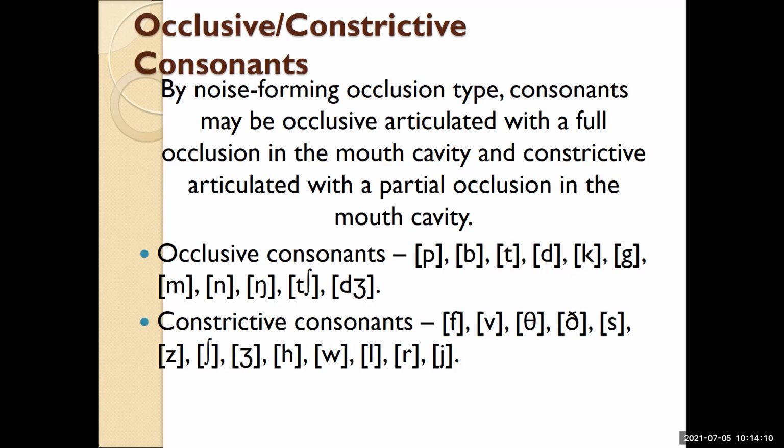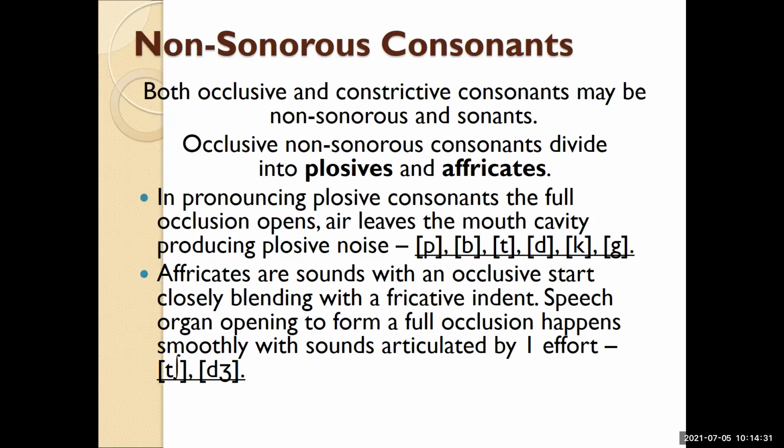They are m, n, ng. And there are two occlusive-constrictive consonants, or affricates, in English. They are ch and j. And the others are constrictive consonants. They are f, v, th, s, z, sh, zh, h, w, l, r, and y.